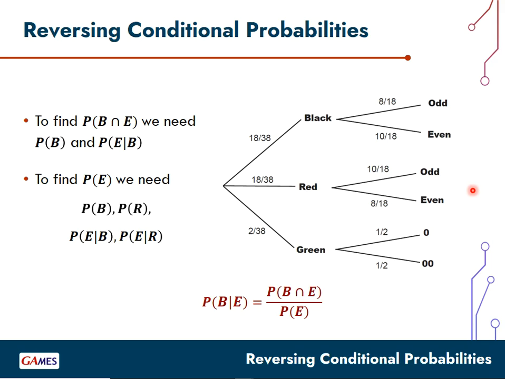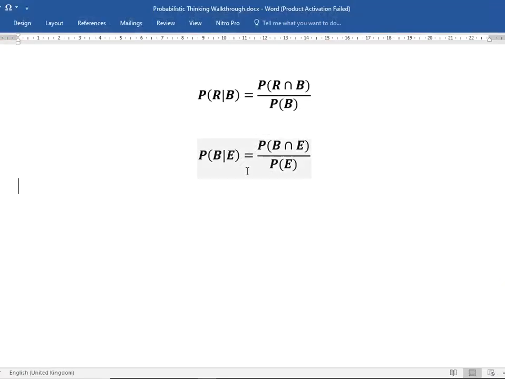Let us express that mathematically. We are looking at pockets that are black and even, or red and even.